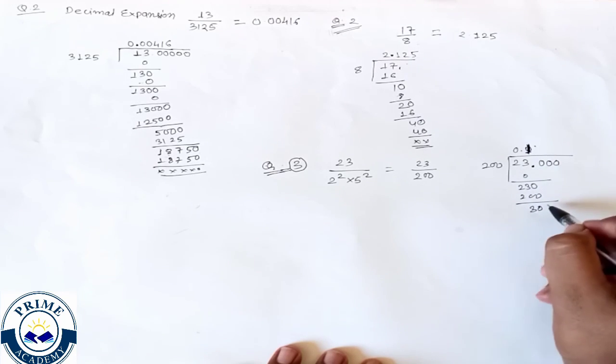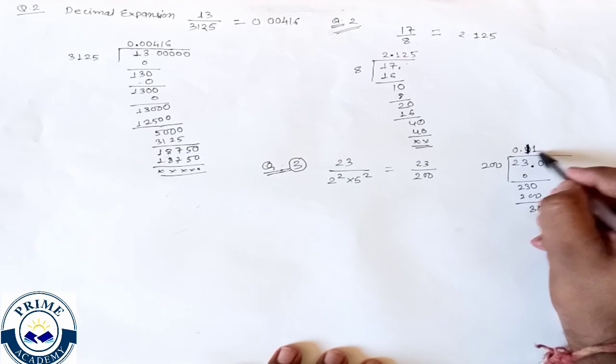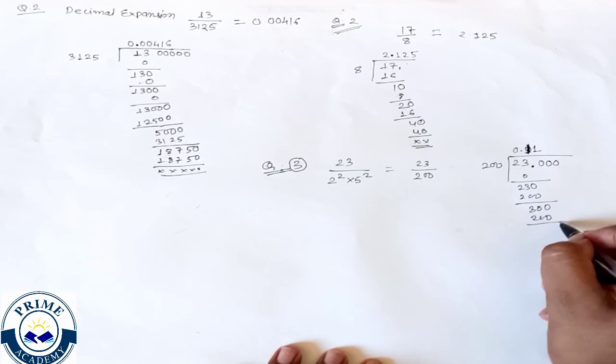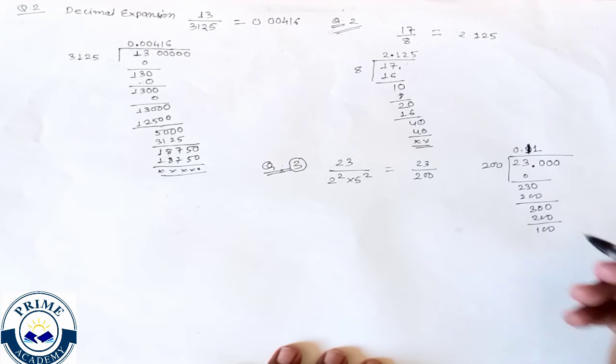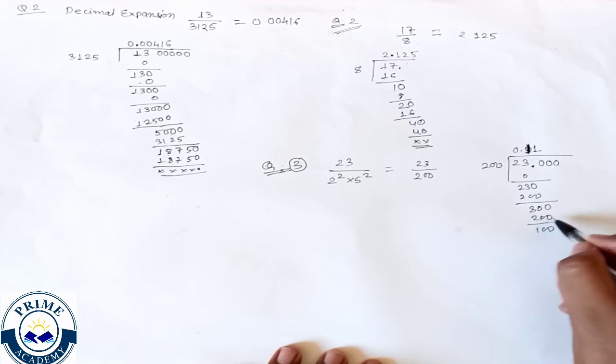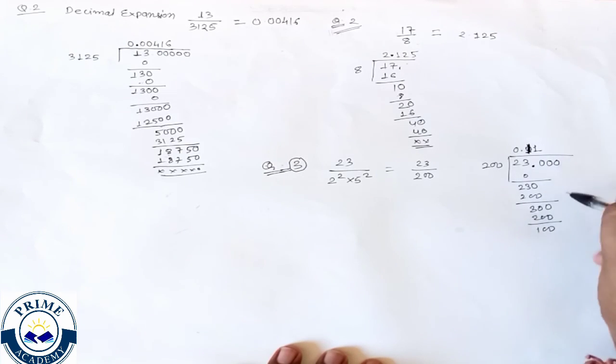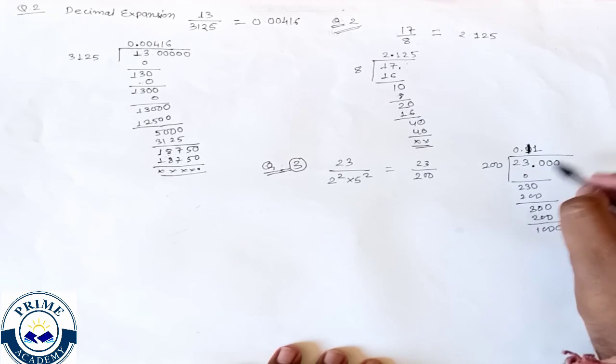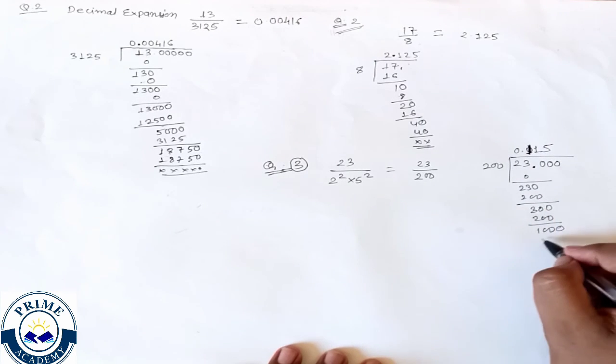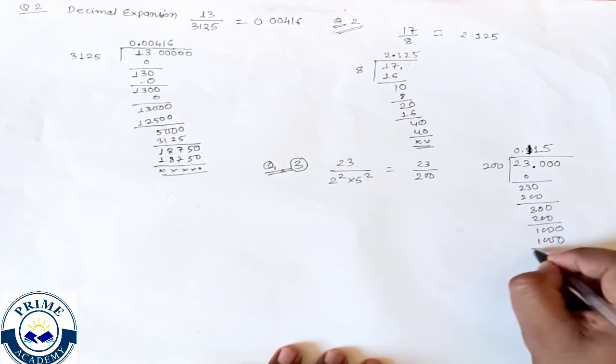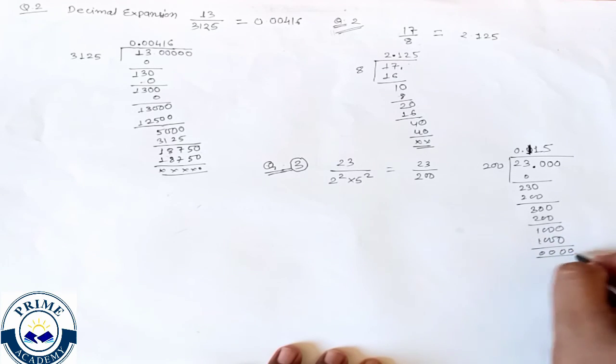Just after the decimal, put 1 more, you will get 1 more 200, as you have done in class 9 for all these things. So the rest is 2, put a 0, so this will be 5, right? This will be 1000, so again 0 and 0 and 0, this will be cancelled out.